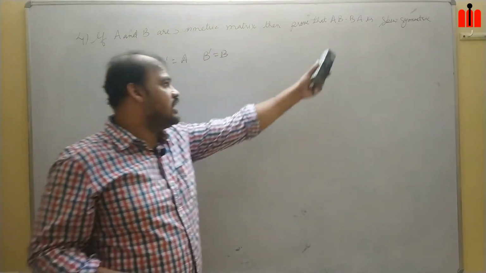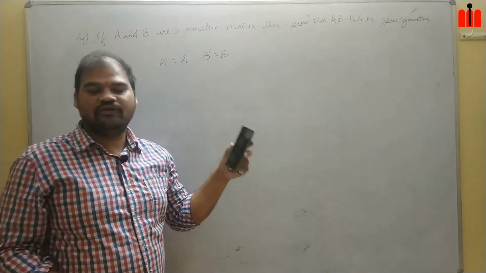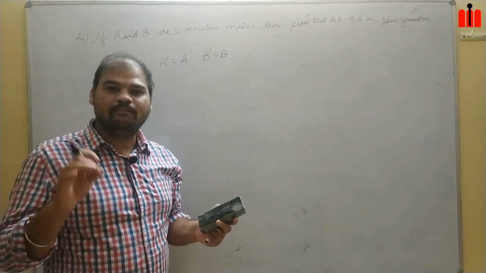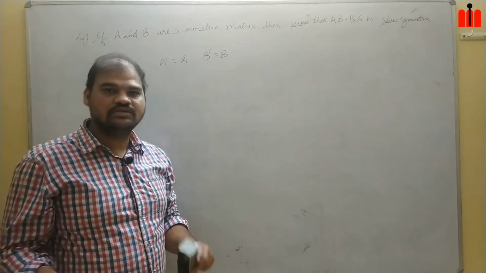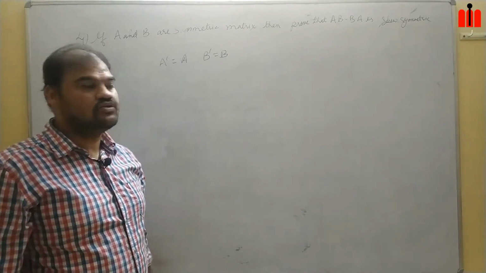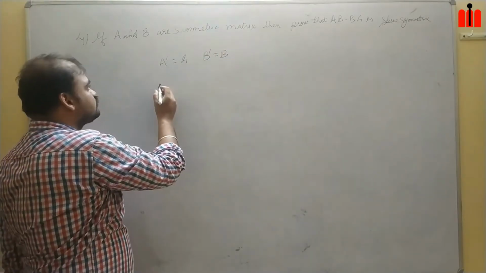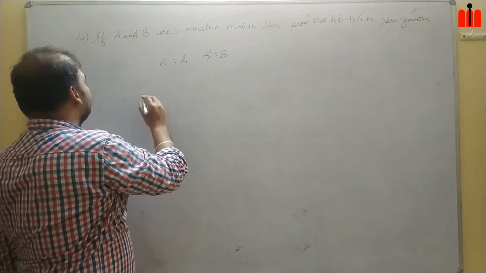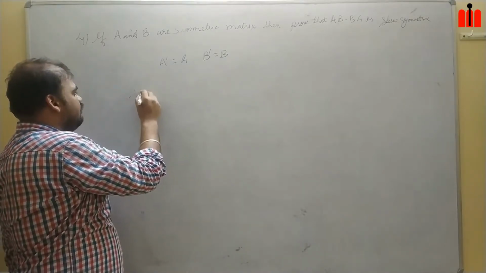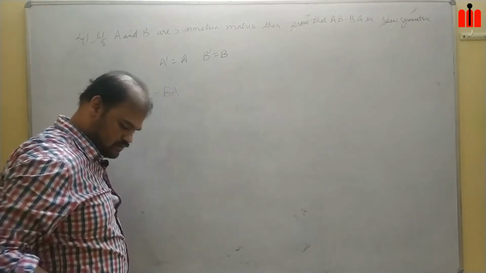So we have to show that AB minus BA is skew symmetric. Means if you do the transpose of AB minus BA, then we will get BA minus AB. Okay, we will just get the negative of what is there in the original. So that we have to show. So let's do that. So first we have to take AB minus BA.